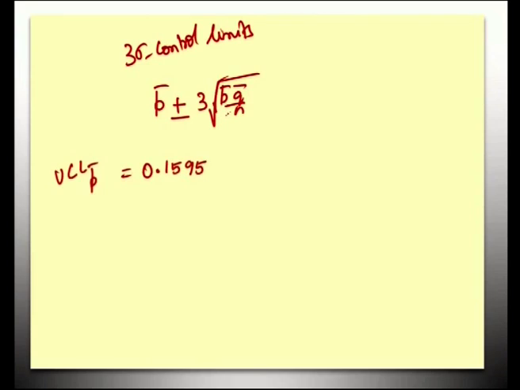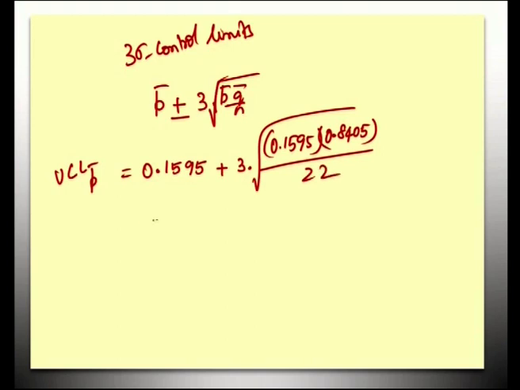Accordingly, UCL of P is the plus value and LCL of P is the minus value, isn't it? UCL is P bar plus 3 into root of P bar Q bar by n. So, 0.1595 plus 3 into root of 0.1595 into 0.8405 divided by 22.